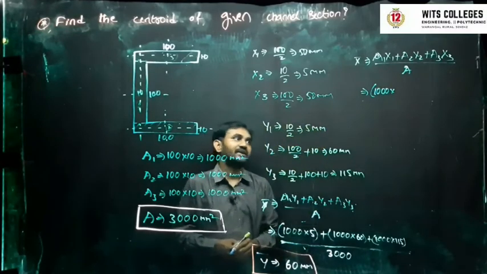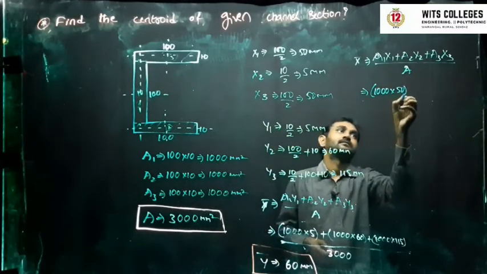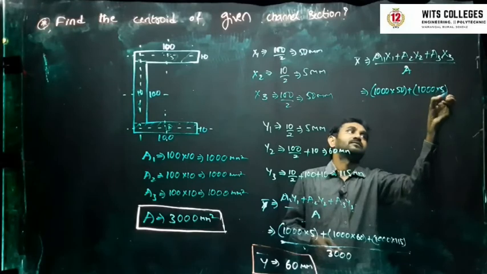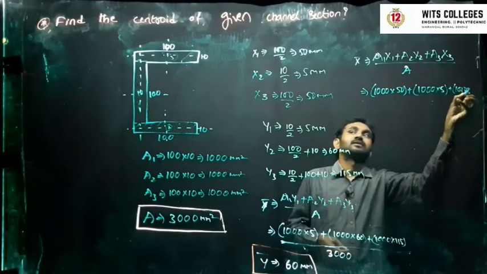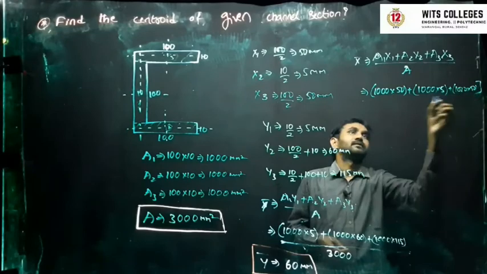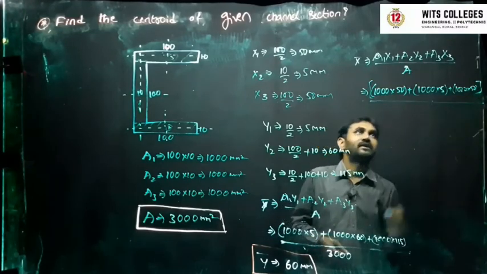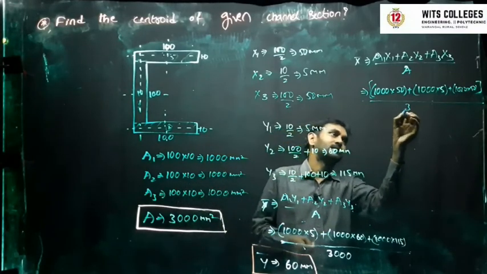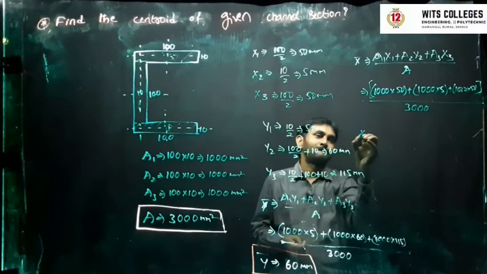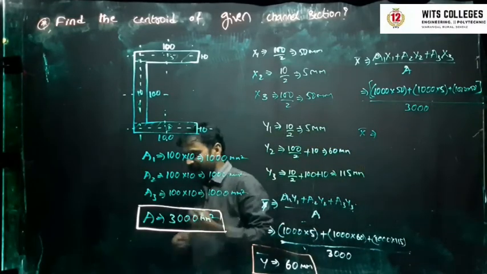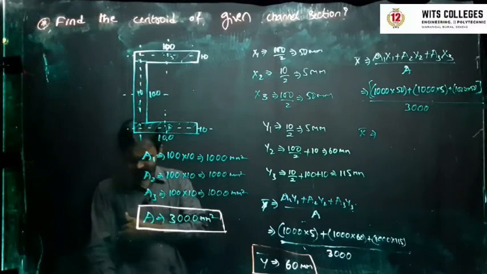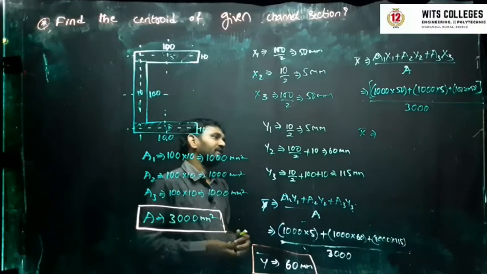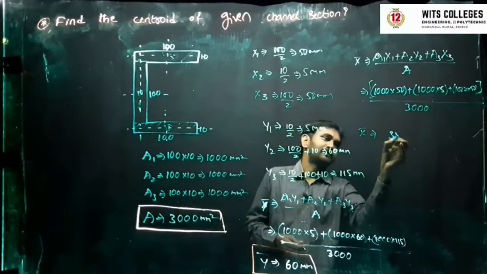What is x1 here? 50, plus a2 is again 1000 into 5 plus 1000 into 50, divided by capital A. Capital A is whole area 3000. So again I have to calculate this in your calculator. The value of x bar will be 1000 into 50 plus 1000 into 5 plus 1000 into 50 divided by 3000, which will be 35 mm.